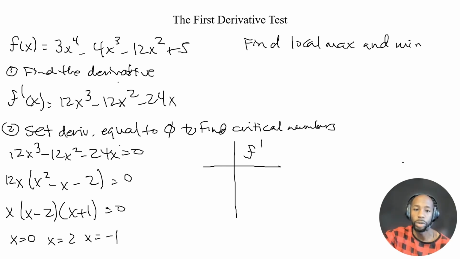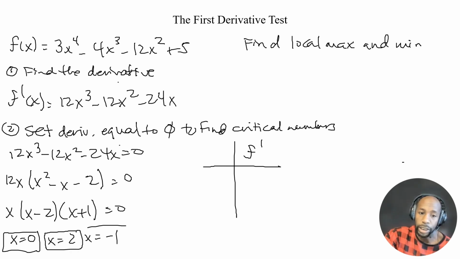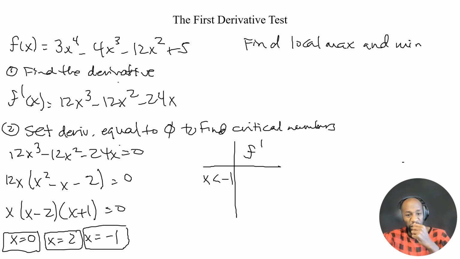If these are our critical numbers, x equals 0, x equals 2, and x equals -1, we're going to look on either side of those. So we want to look at x less than -1, then x between -1 and 0, so -1, x, 0. Then x between 0 and 2, so 0, x, 2, and then finally x greater than 2.